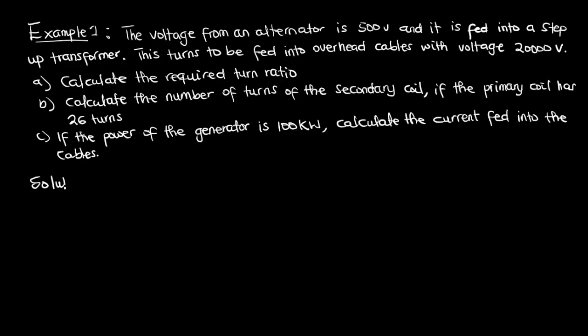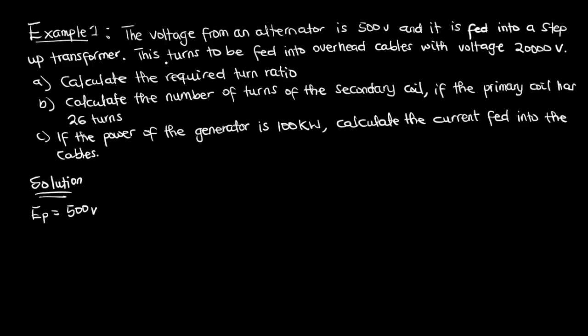Let's look at the solution to this problem. So we write down our solution. Let's write down the parameters that we have. They say the voltage from an alternator is 500 volts and it is fed into a step-up transformer. It means our primary voltage, which is EP, is equal to 500 volts.